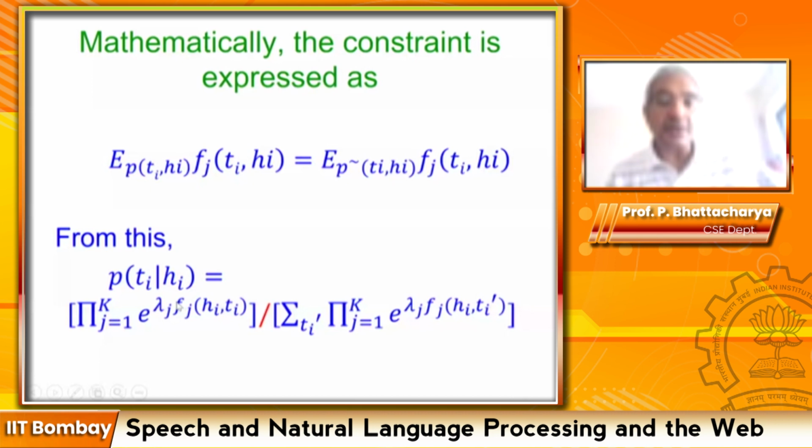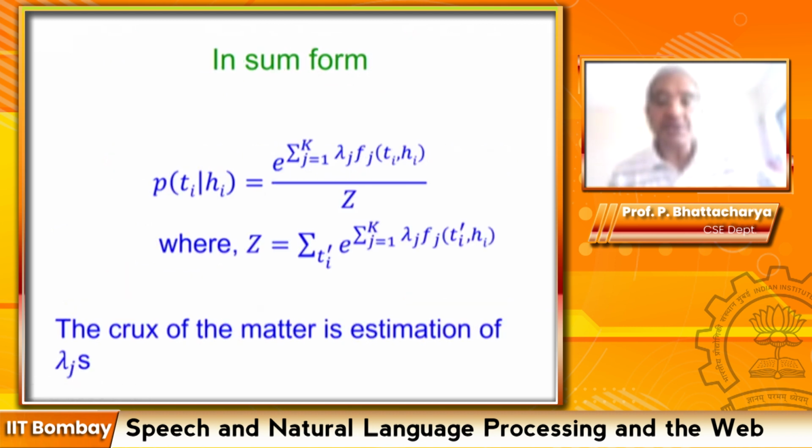We sum over all these features, multiplying them by the weight. So the expression we obtain is probability of Ti given Hi is e to the power sigma j equal to 1 to k, lambda j fj(Ti, Hi), divided by Z, where Z is the normalizing factor, converting this quantity to a probability value.